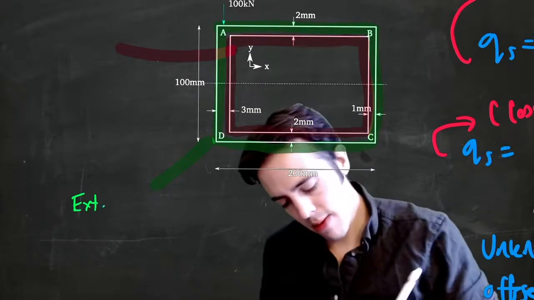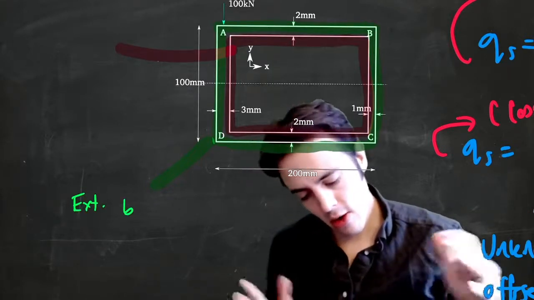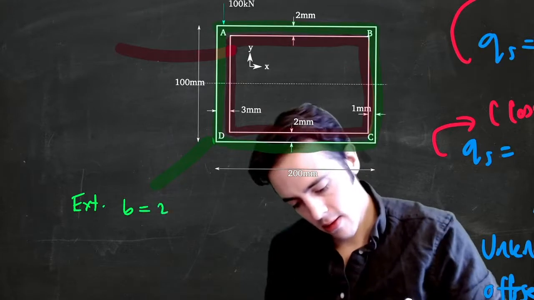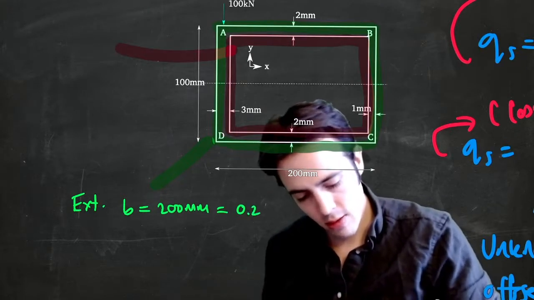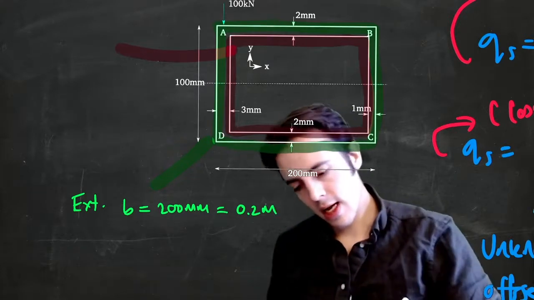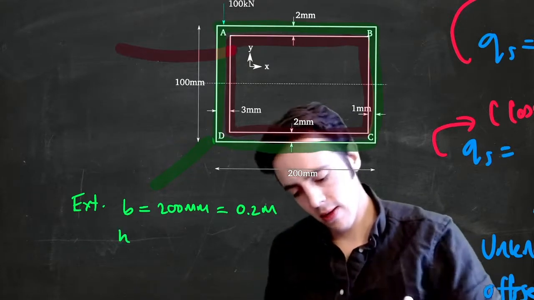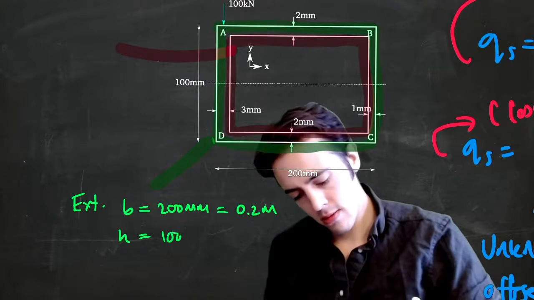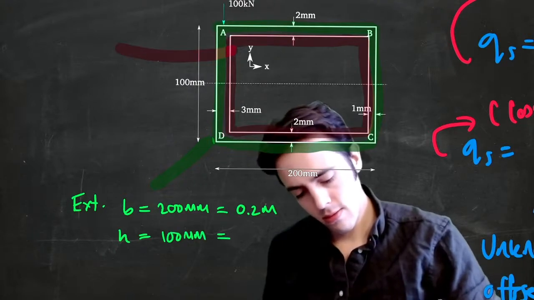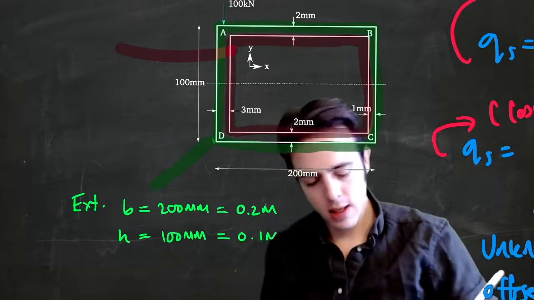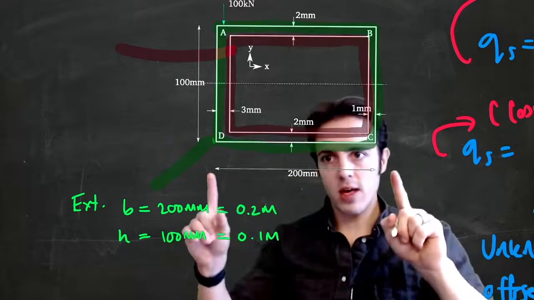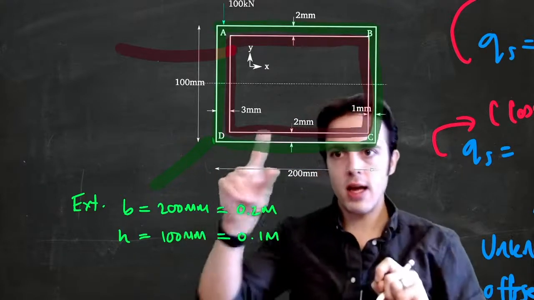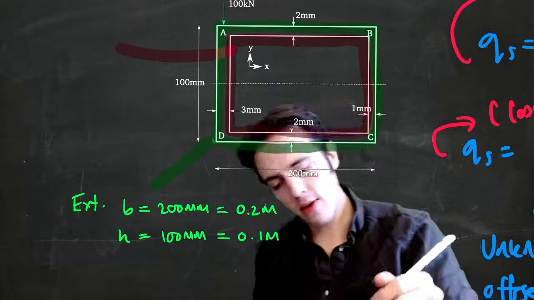So the external shape has a base of 200 millimeters, which is 0.2 meters, and it's got a height of 100 millimeters, 0.1 meters. The internal shape, well, we've got the 200 minus 3 minus 1, so it's 196.